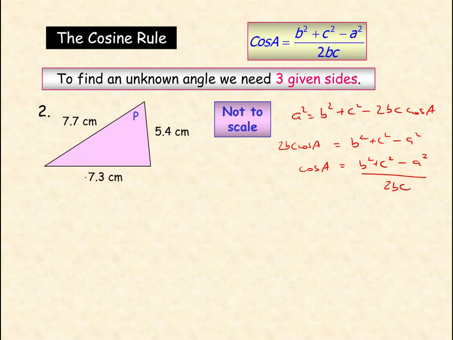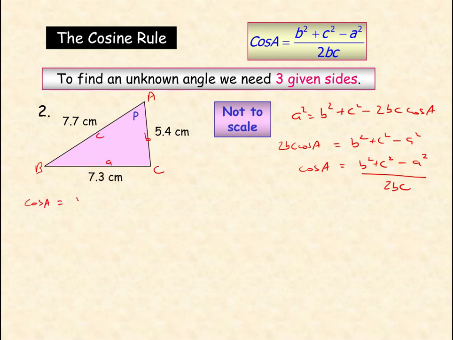Now we've got to label our triangle. We're trying to find P, so if we call this angle A here, it corresponds with P, and then it's not so important what the other angles are labeled. Remember though, this is small a, this is small b, and this is small c. So using our formula, we write the formula, it helps us remember and consolidate.